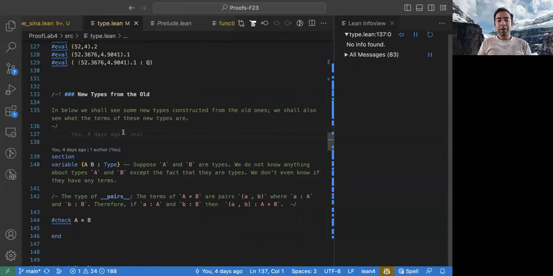I mean, we have things which are not numbers. We have lists, we have graphs, we have topological spaces, we have functions. So we have to have a way to expand our type theory to be able to model other mathematical objects of interest. So that's why we need a system to generate new types from old types.